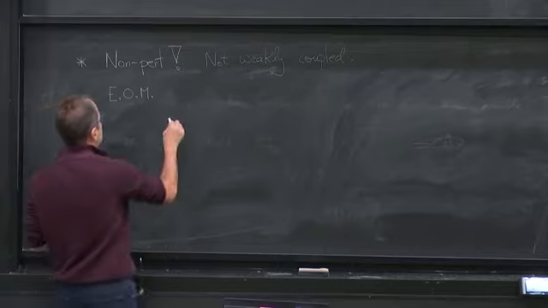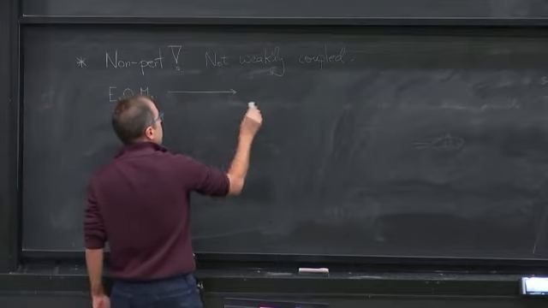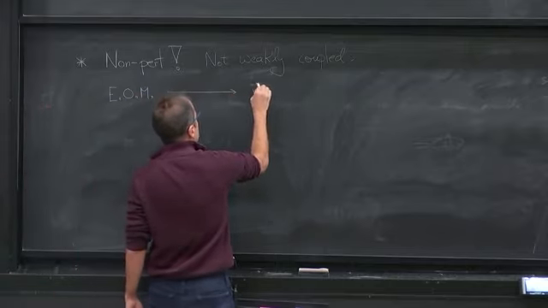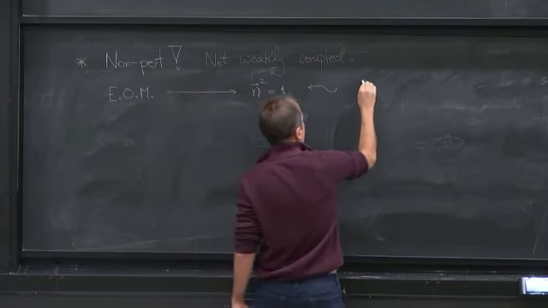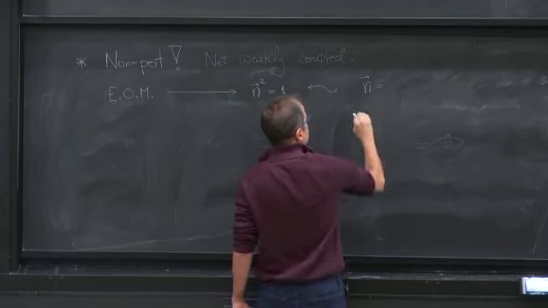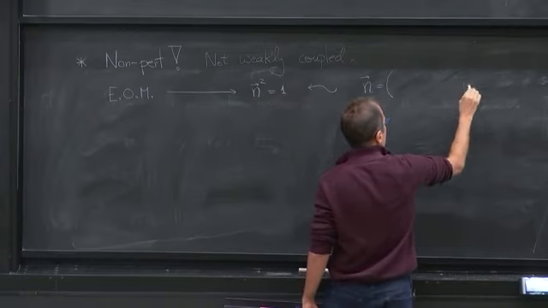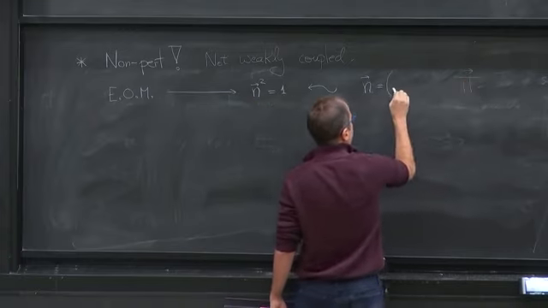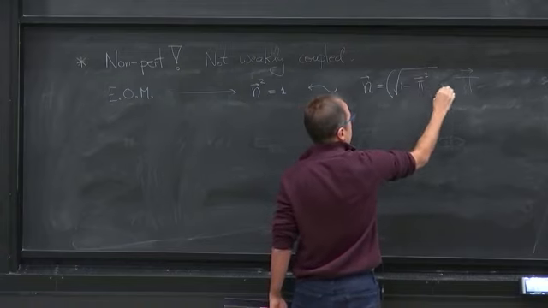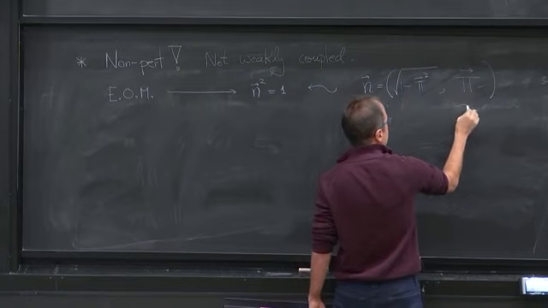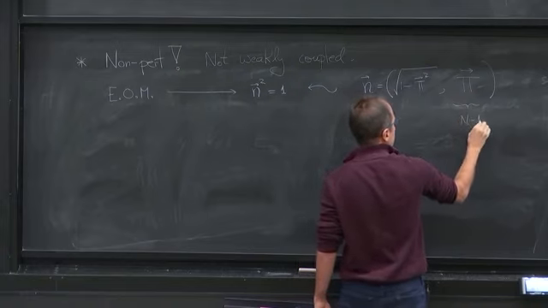Okay. So there are two ways of doing it. One way is we solve n squared equal to 1, for example, by writing that n is equal to some component pi, and then the square root of 1 minus pi squared, where this vector pi has n minus 1 components.